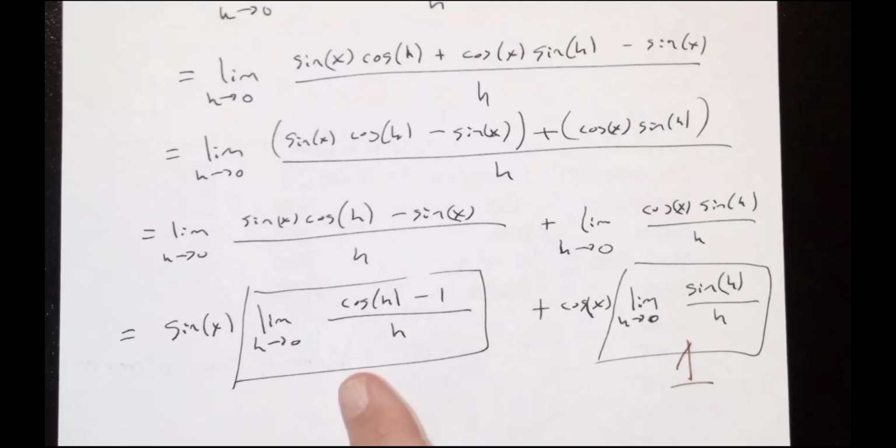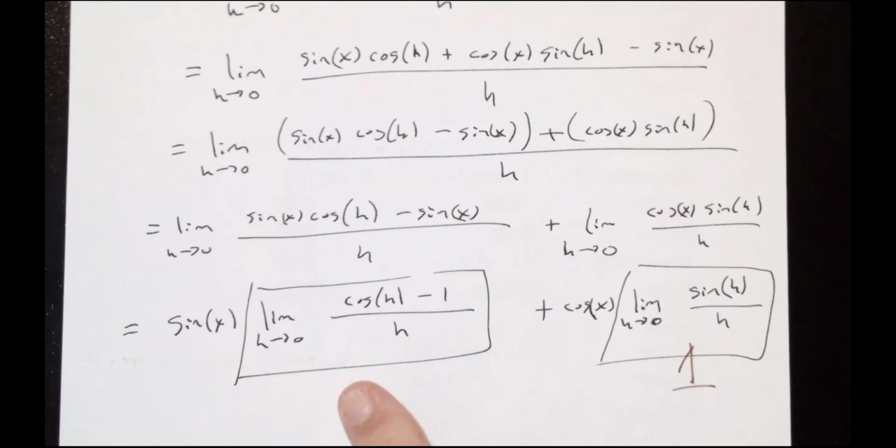What about this? I don't know that one yet. I don't have a nice answer, because if I plug in 0, I get cosine of 0. What's cosine of 0? So the top is 1 minus 1, that's 0, but the bottom is also 0.